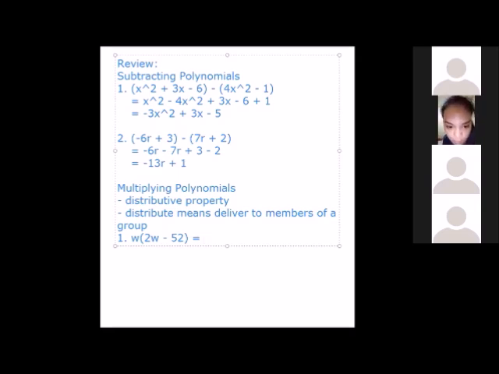So W here, the monomial outside the parenthesis, which in our example is W, is distributed to each term inside. So W times 2W, the first term, minus W again distributed to minus 5.